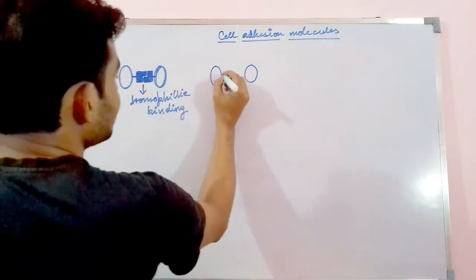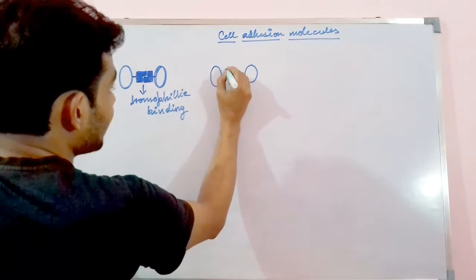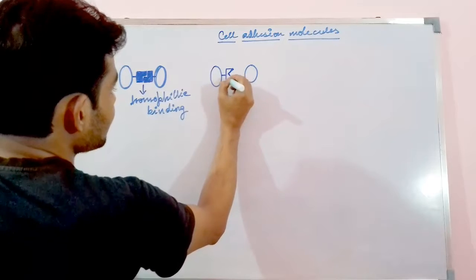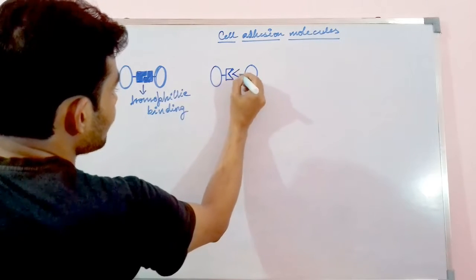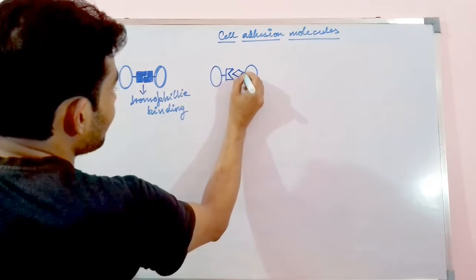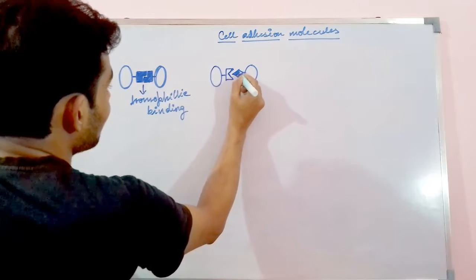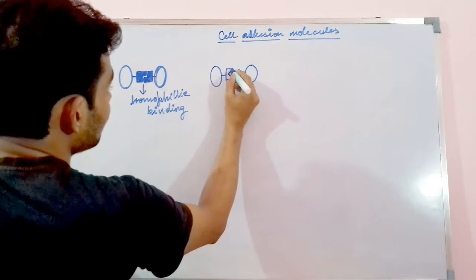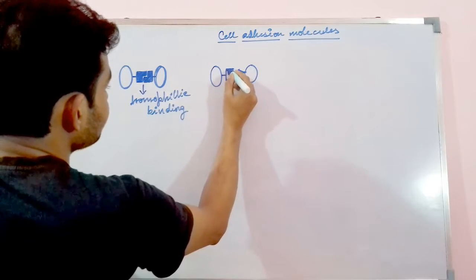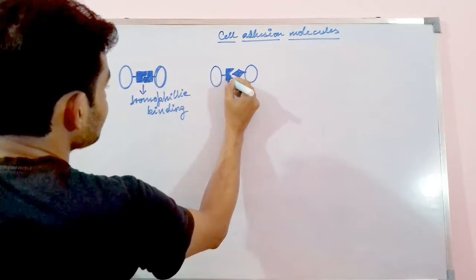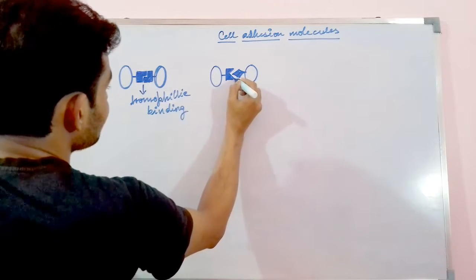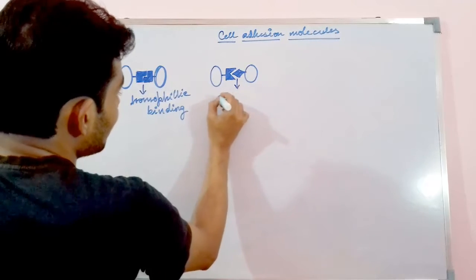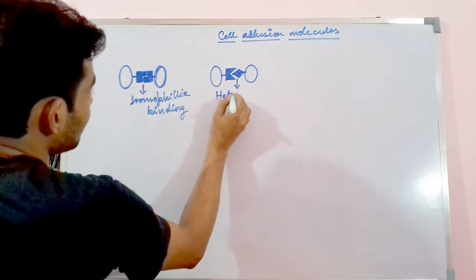In this type of binding, the binding molecules are dissimilar in their structure and conformation. This is called heterophilic binding.